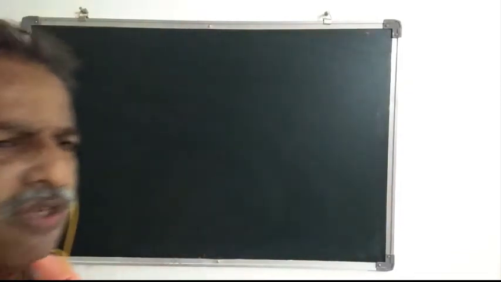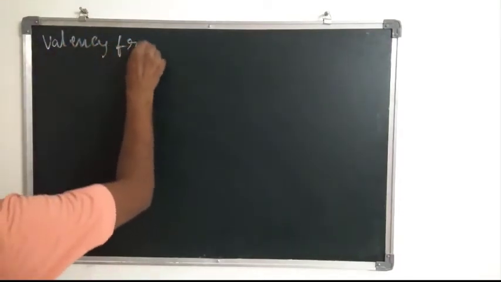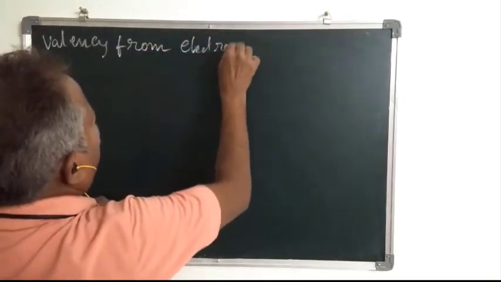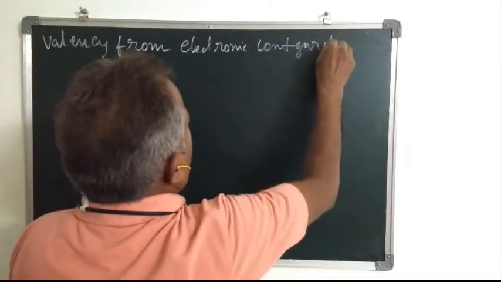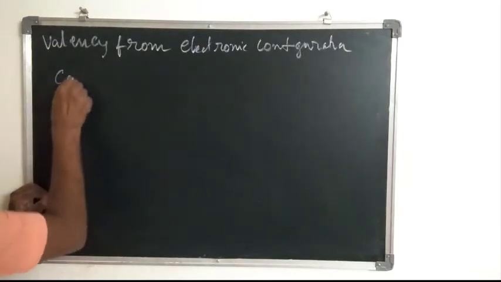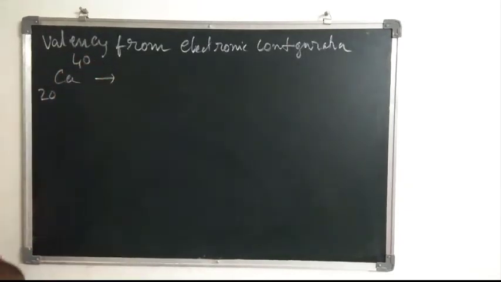Now let us discuss the valency in terms of electronic configuration. Now let us take an example, calcium 20-40. What is the configuration?